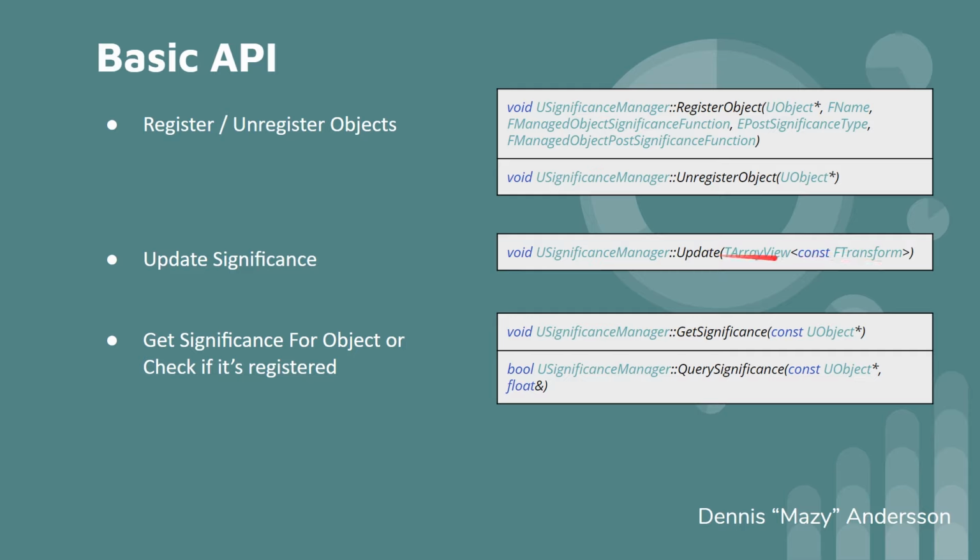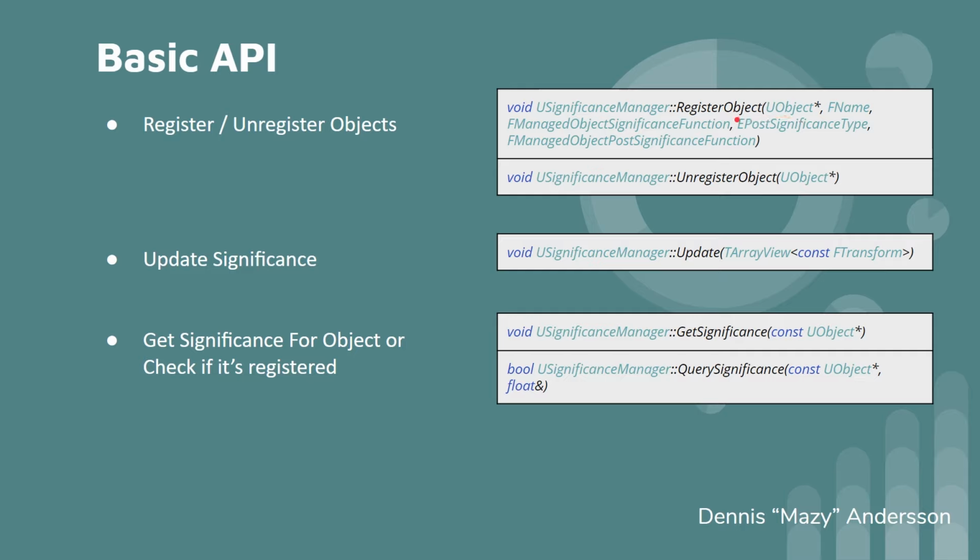But for most cases, you only want one, which is going to be the viewpoint for the camera. What this function does internally is iterate through all of these different viewpoints, then iterate through each one of your registered objects, and then call the significance functions: the get significance function, and then the post significance function.